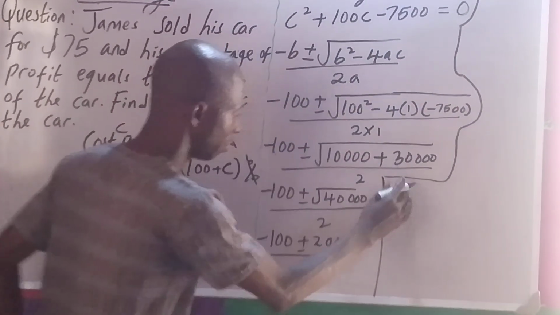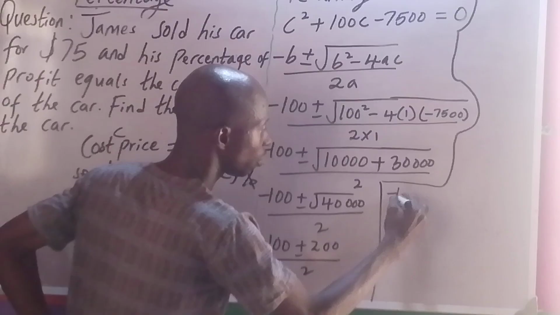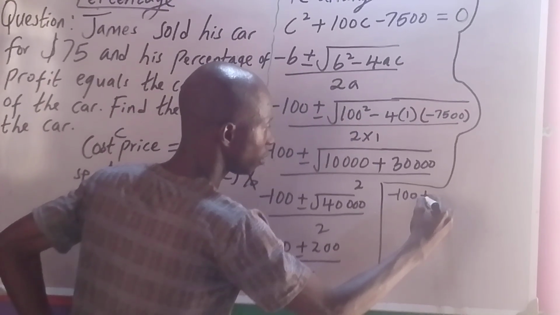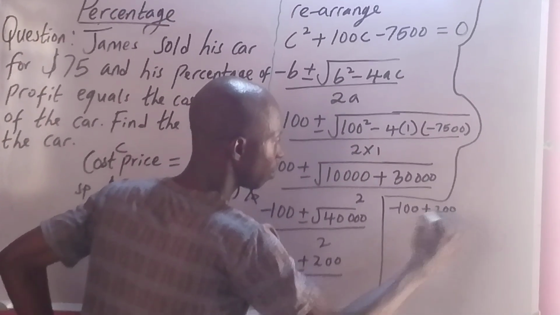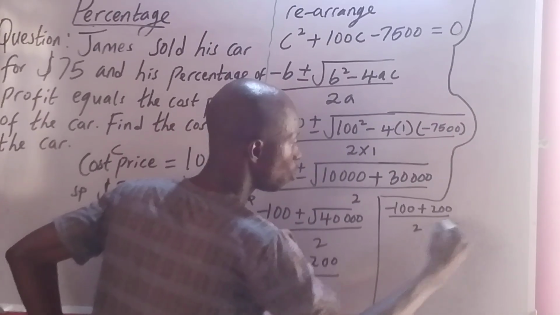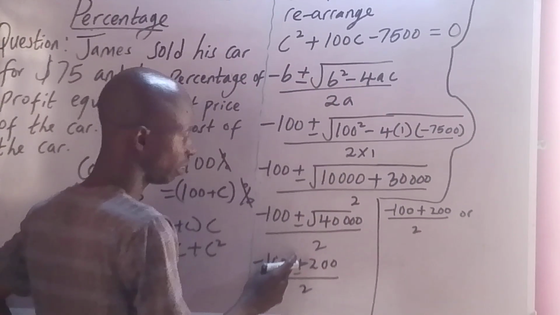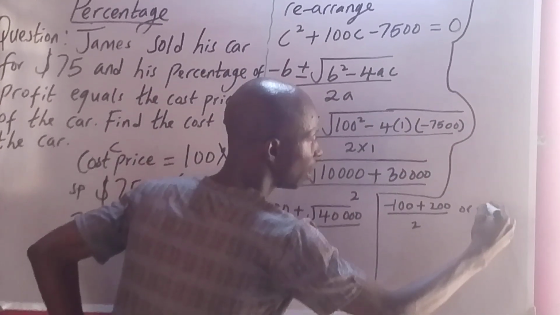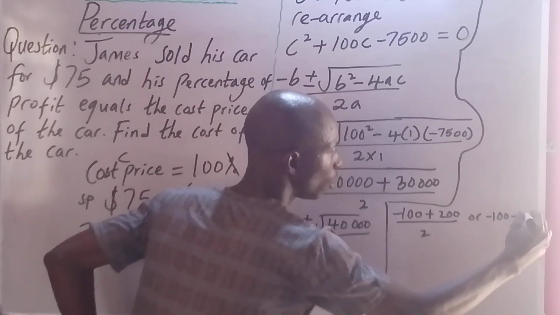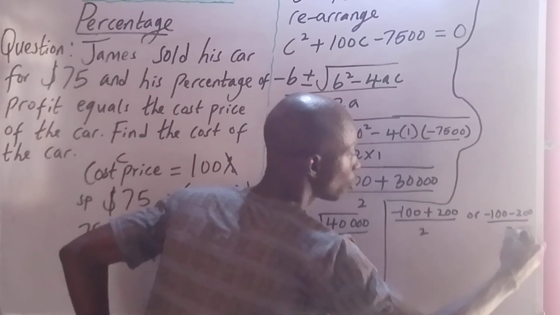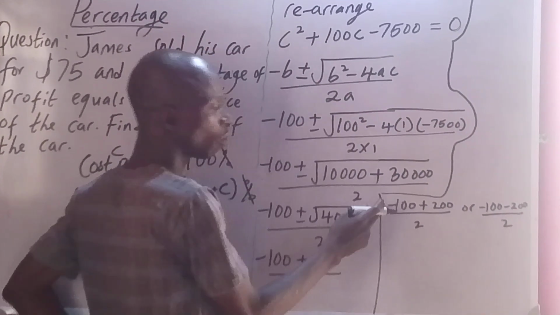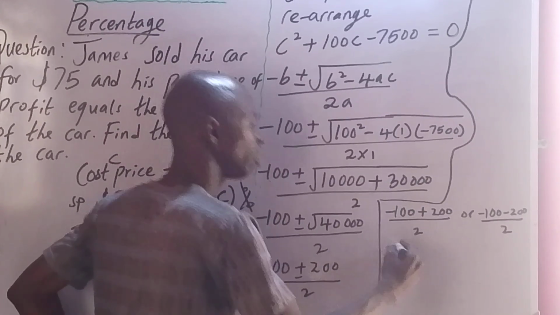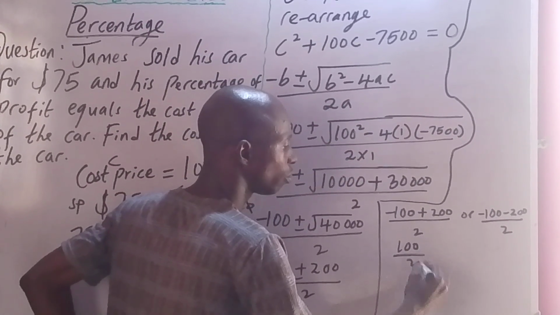Now this will give me minus 100 plus 200 over 2, or I use the minus, which is minus 100 minus 200 over 2. Now, you're owing somebody 100, you have 200, that will be 100 over 2.